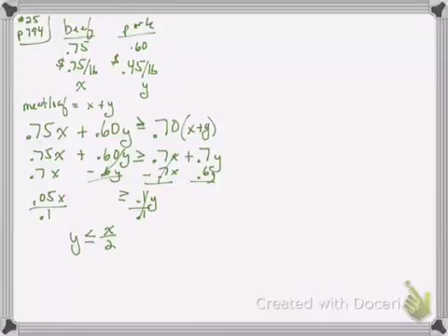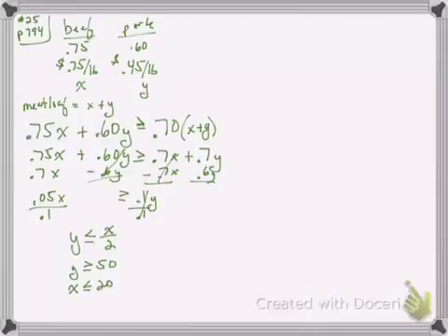Let's see, other constraints that they put on that. They want to use at least 50 pounds of the available pork. Apparently they're trying to get rid of the pork for some reason. And they're trying to make sure they have no more than 200 pounds of the beef. So the beef is x less than or equal to 200. Alright, so we have some constraints there. One thing we don't have is the objective function.